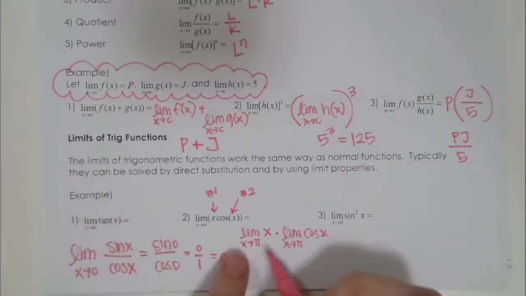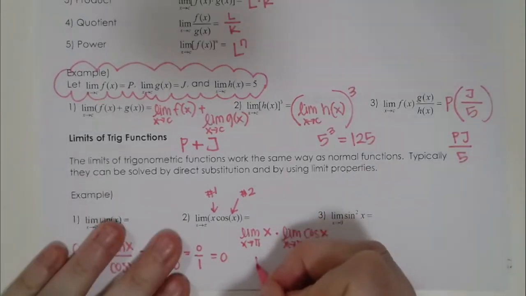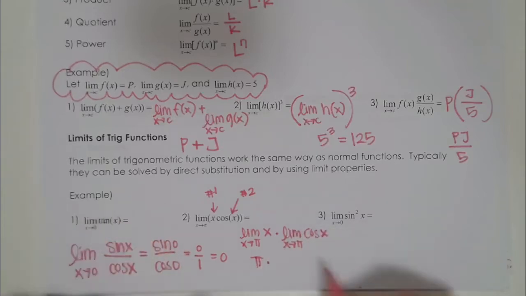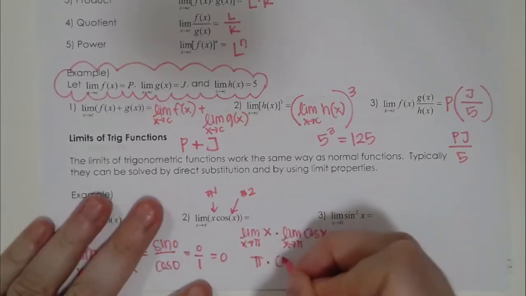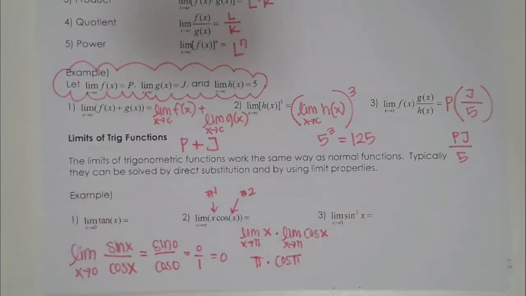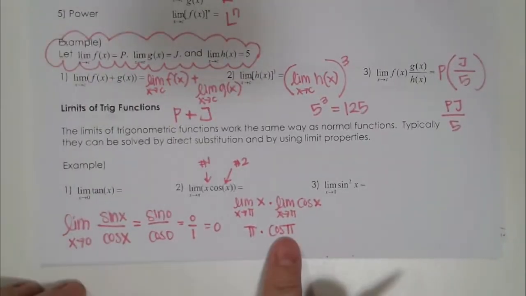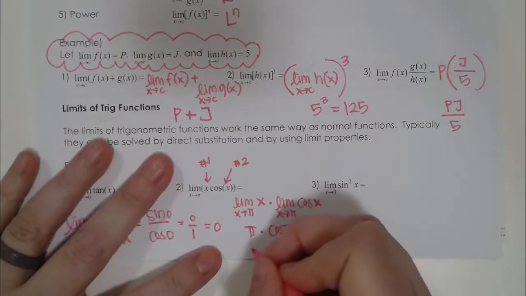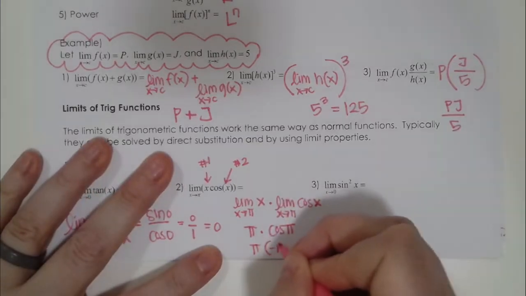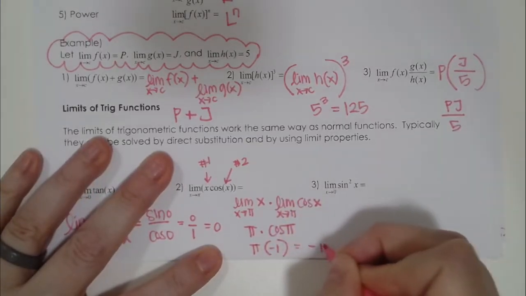Find them separately. Well, x, that's direct substitution, that's just pi, times direct substitution for cosine x, we get cosine pi. So we need to remember the value for cosine pi, which is actually negative 1. So we have pi times negative 1, which gives us negative pi.